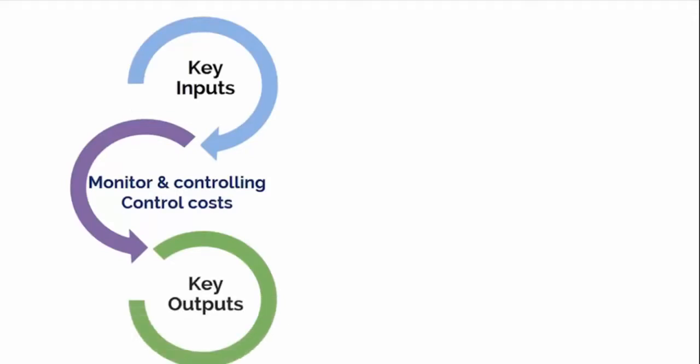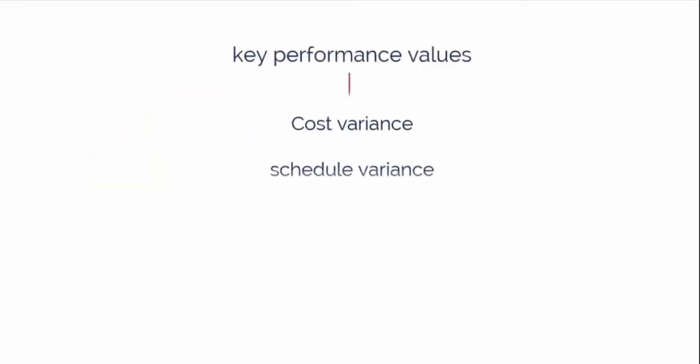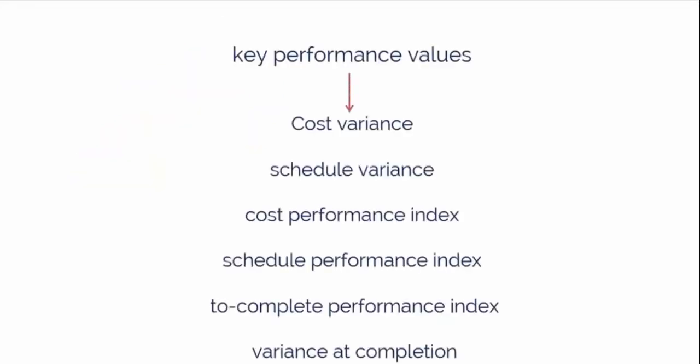The key outputs for control costs are work performance information and cost forecasts. For work performance information, again, let's take a look at this chart. We just went over the key performance values, and here they are. The cost variance, schedule variance, cost performance index, schedule performance index, to complete performance index, and variance at completion values for WBS components.